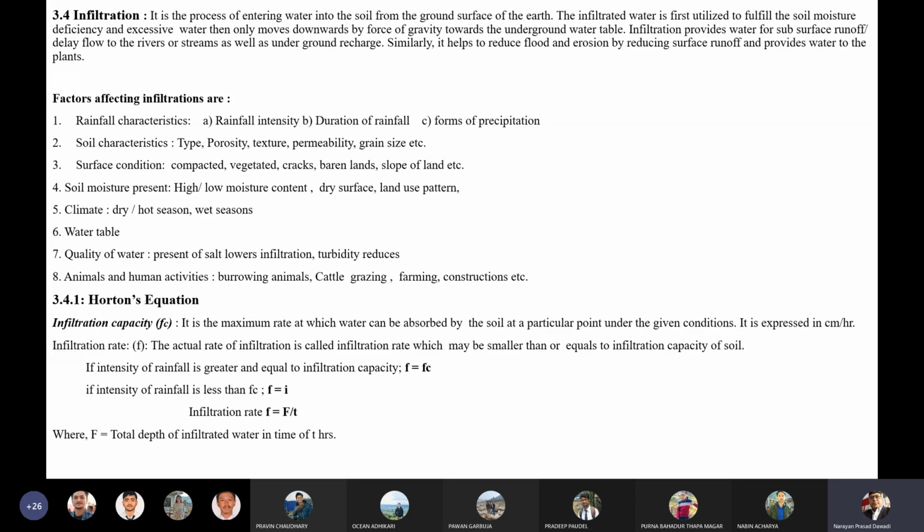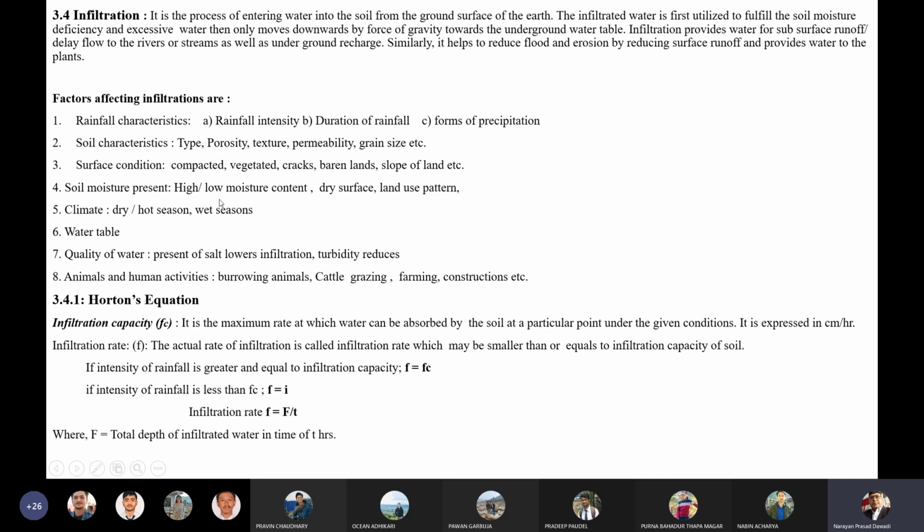The permeable soil can transfer water from its body towards the underlying soil layer, so the infiltration rate will be high for permeable soil in comparison to impermeable soil. Now, grain size: the coarser the grain size, the higher the infiltration than with finer grain size. This is the soil characteristics.